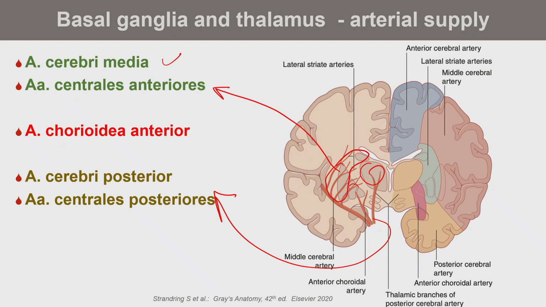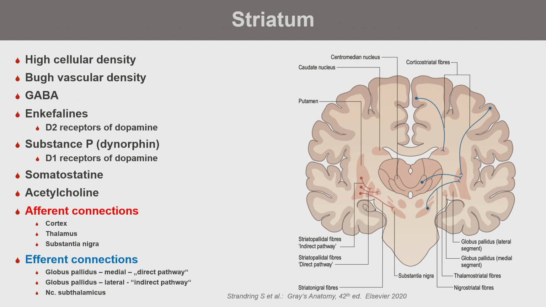And the rest, the subthalamus part and basal ganglia, which are called pallidum, globus pallidus, are supplied by arteria choroidea anterior, the anterior choroidal artery, which arises directly from the internal carotid and supplies not only this, but also a part of the choroid plexus.